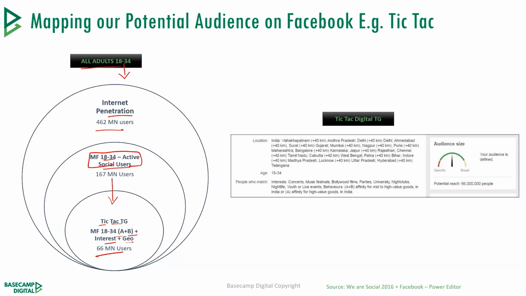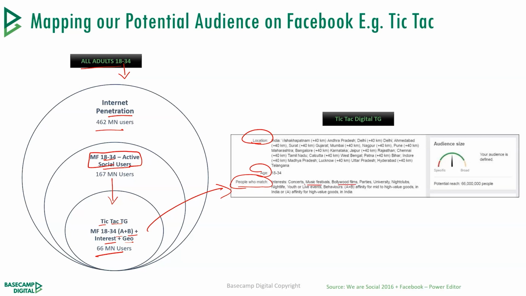That's when we pull it down further and say, you know what, there are 66 million users who are our core TG. How did I get this 66 million, guys? It's very easy. On Facebook Business Manager, you can go and put in all this detail with your own Facebook personal account. I put in the location, the age, and who matches.